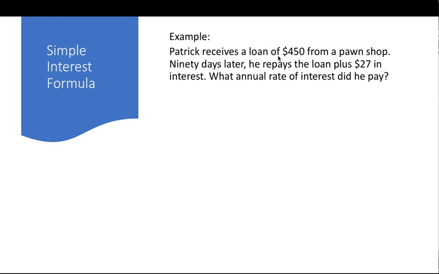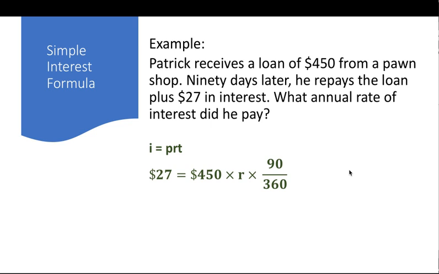Patrick received a loan of $450 from a pawn shop. 90 days later, he repays the loan plus $27 in interest. What annual rate of interest did he pay? So once again, we're using this I equals PRT formula. Interest is equal to principal times rate times time.